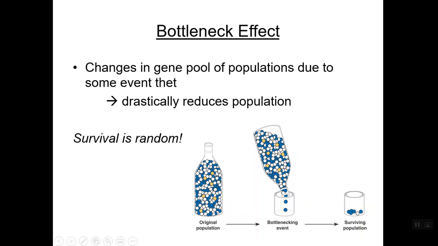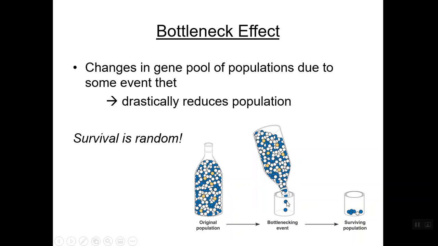Now imagine that for some reason you flip this bottle and you take out just a few candies. This could be a bottlenecking event, for instance, a catastrophic event, a fire or an avalanche that kills most of the population in that place, and only a few individuals survive.